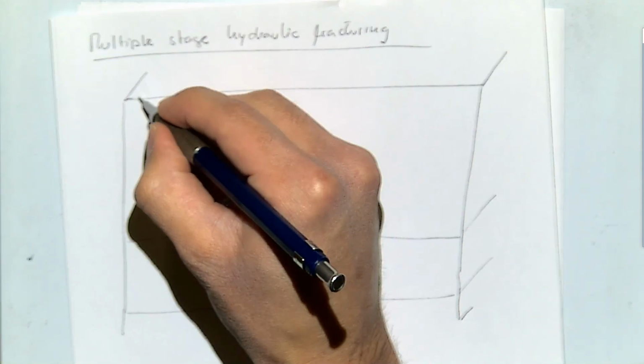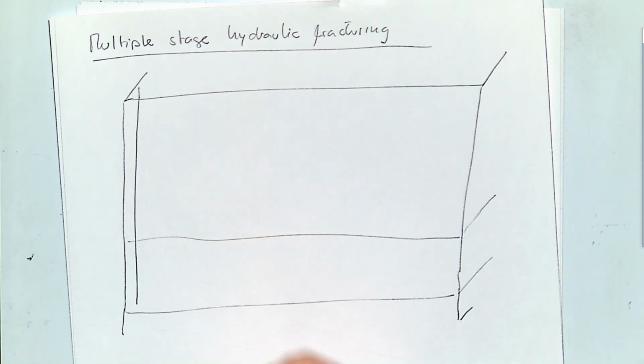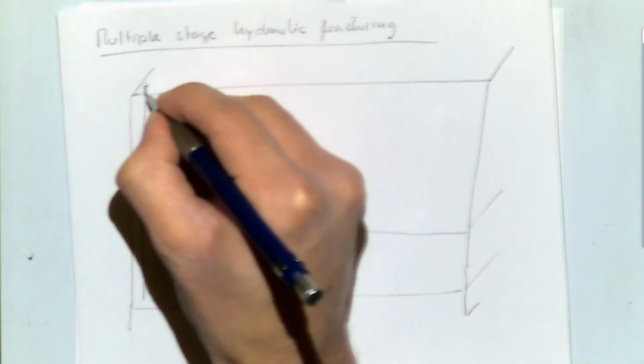And I want to compare, for example, in the same formation, you could either drill a simple wellbore with no hydraulic fracture.